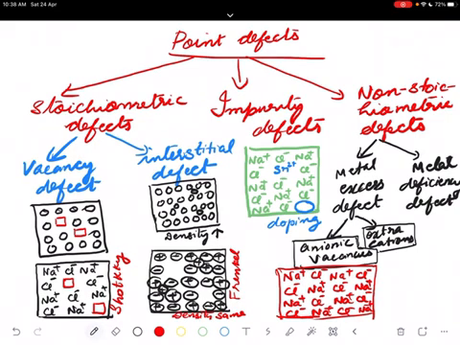Now, when NaCl is heated in the presence of sodium vapor, some sodium atoms get deposited on the surface.